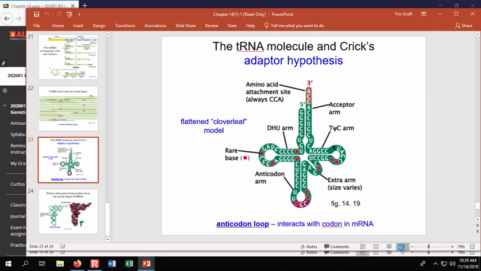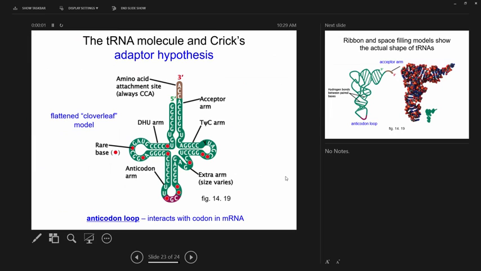So remember when I showed this at the beginning of class today? I'm going to come back to it right now. There it is. So all these weird red dots here are rare bases. So the transfer RNA is transcribed from DNA using just the same 4 bases that are always there.